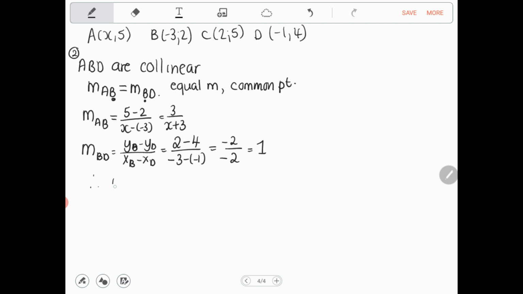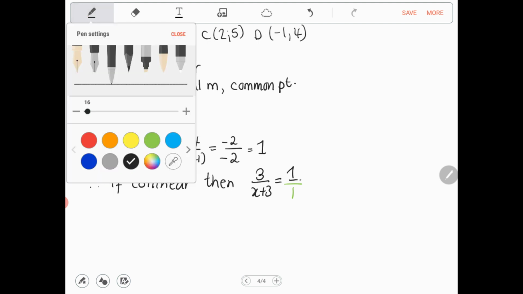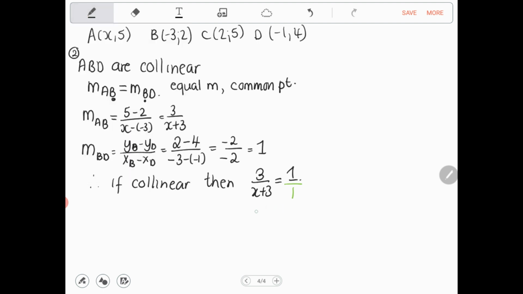Okay. If these points are collinear, then 3 over x plus 3 has to equal 1. All right, so let's give this a denominator of 1. And then again, we can either cross multiply or find an LCD. 3 is going to be equal to x plus 3.